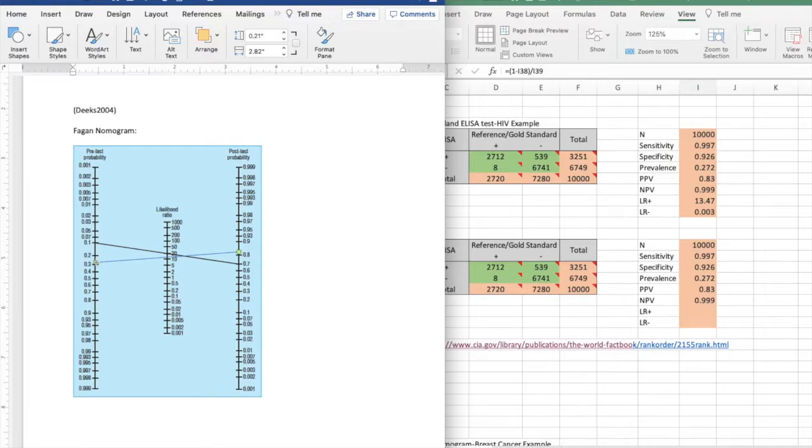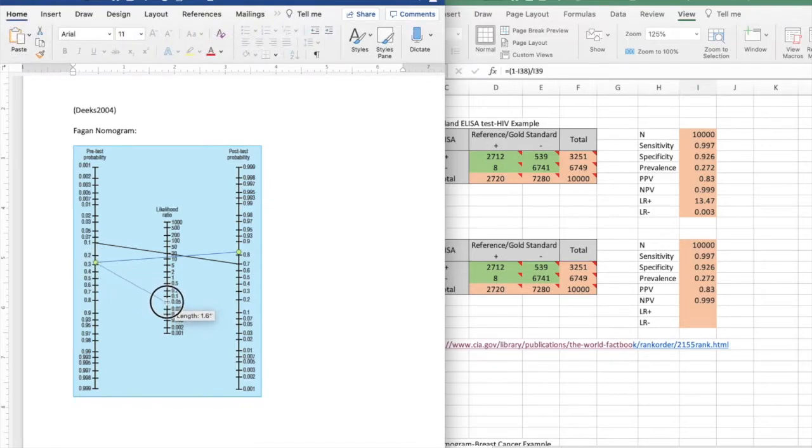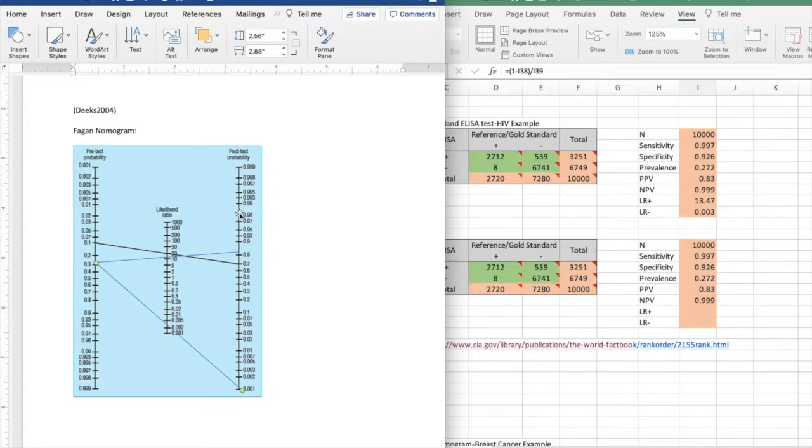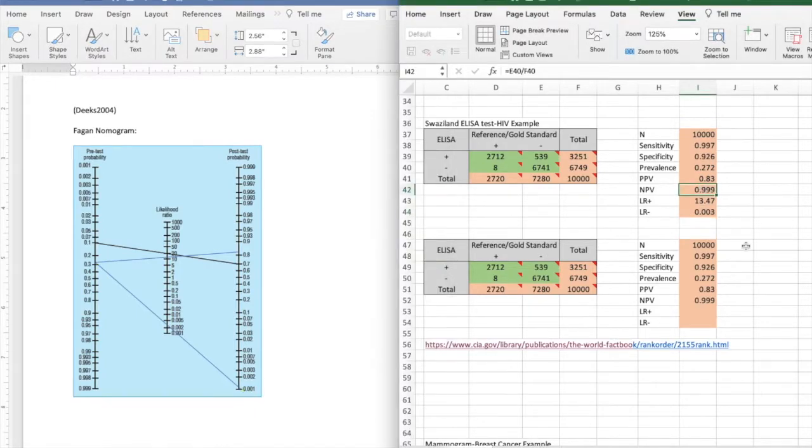My negative likelihood ratio is 0.003, which is somewhere in here. So I want to cross that line. And that puts me way down here, close to 0.001 as a post-test probability of having the disease. And wouldn't you know it, wasn't our negative predictive value 0.999, which is essentially saying the same thing?